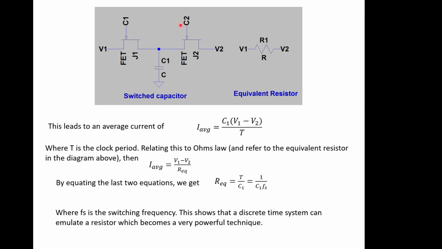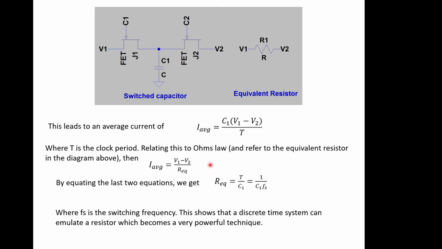So if we change the frequency of the clock driving this, we can change the value of the resistance between these points. The clock has to be very, very fast compared with the signal that we're trying to drive through here in the first place, as always with these things. And that's quite neat, because as you'll find out when Kay Lee takes over after Easter, he'll give you all kinds of interesting ways of generating variable frequency clocks with voltage controlled oscillators and phase lock loops and things like that.